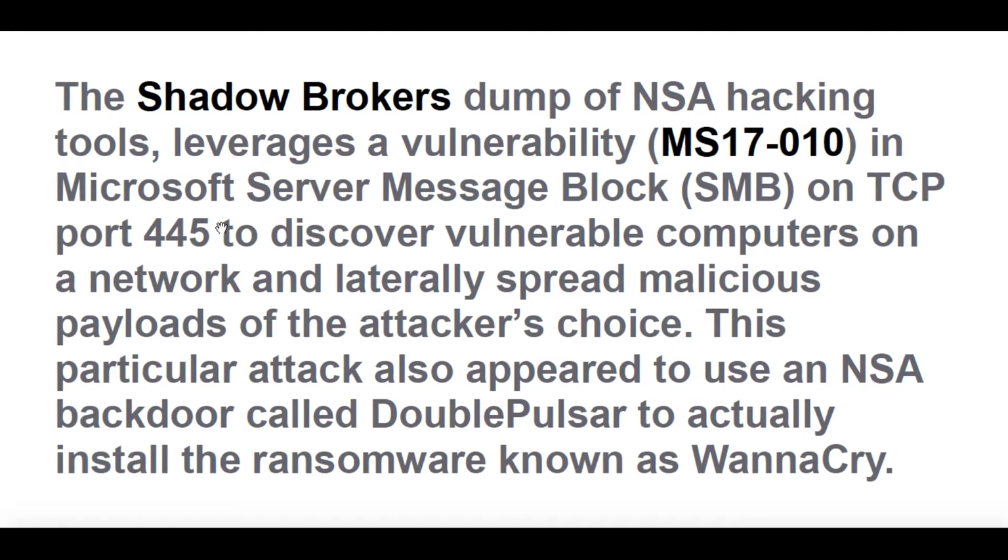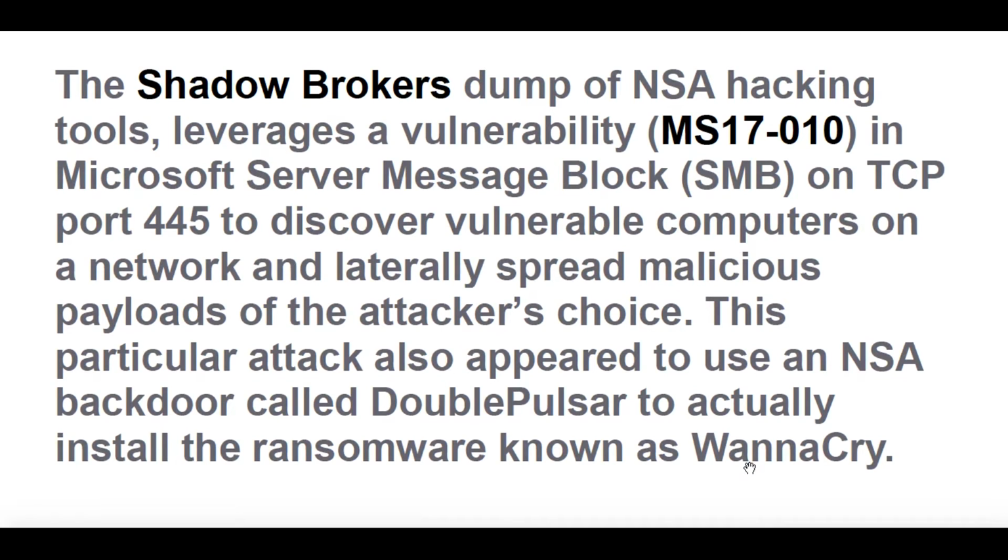Out of those, one particular TCP port works for server message block. That port is vulnerable, and this vulnerability was discovered by the hacker group named Shadow Broker, and that led to one of the biggest disastrous ransomware attacks called WannaCry. This is the main idea, or in short, everything about WannaCry.